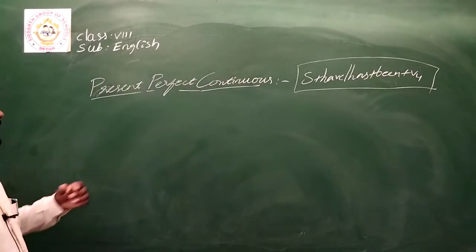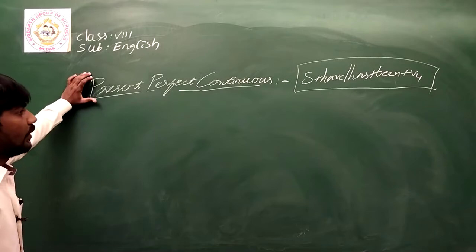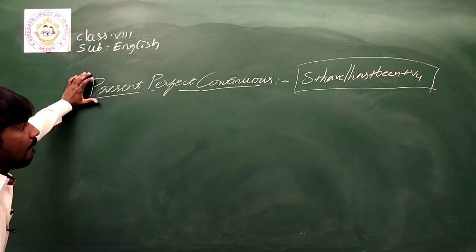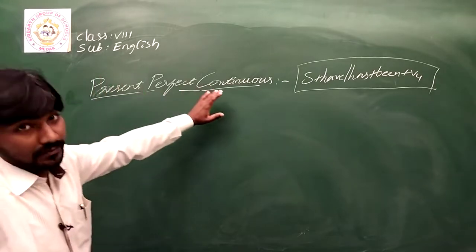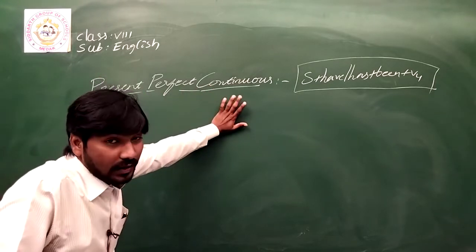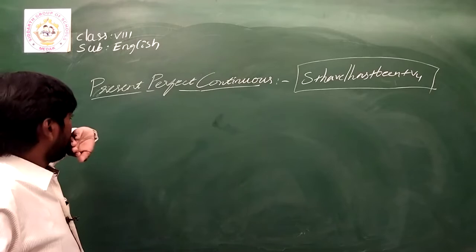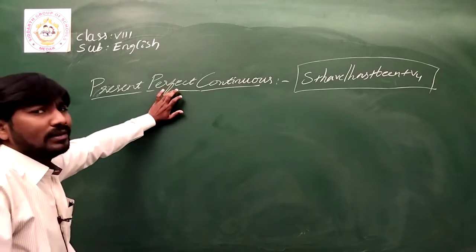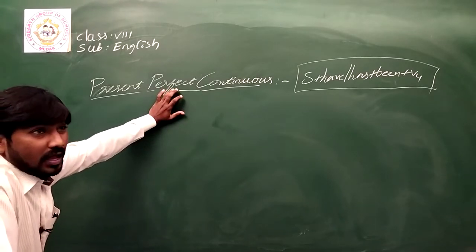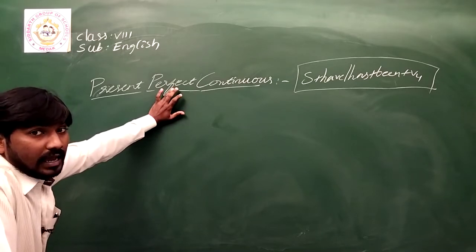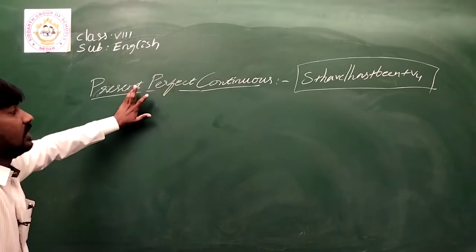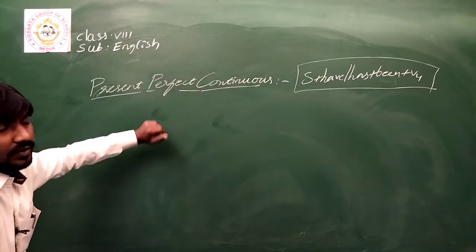Present perfect continuous. When you first look at the structure, I already said continuous tense always has V4, the V-ing form. And here we have perfect tense, with auxiliary verbs have or has in the present. So that is the structure for you.